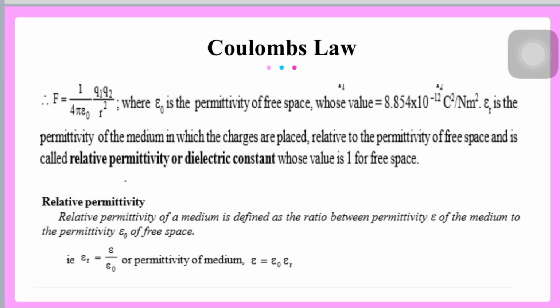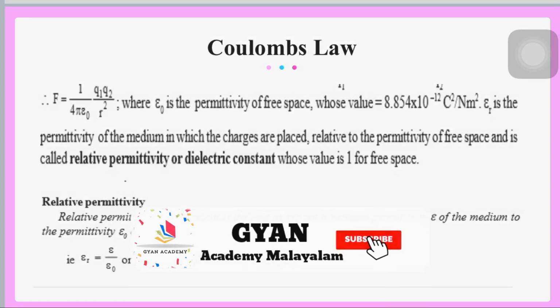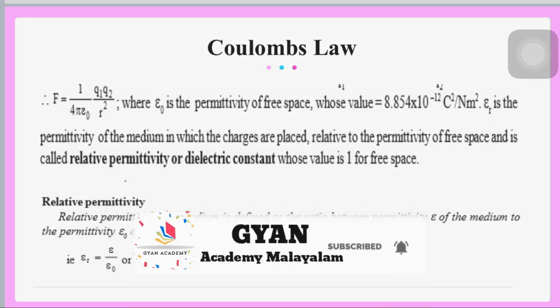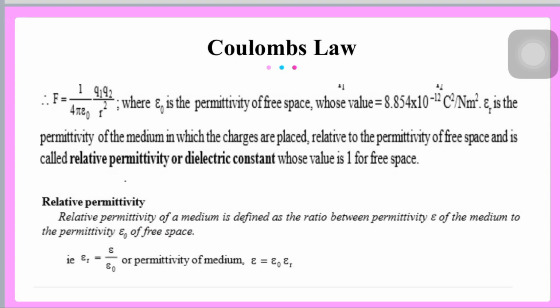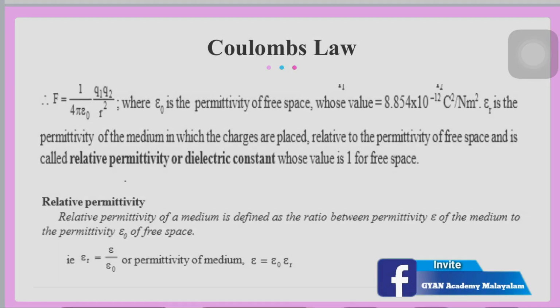If we are considering a dielectric medium, then the dielectric constant is also taken into account. So epsilon r is the permittivity of the medium in which charges are placed relative to the permittivity of free space, and it is called the relative permittivity or dielectric constant, whose value is 1 for free space. Relative permittivity of a medium is defined as the ratio between the permittivity of the medium and the permittivity of free space.